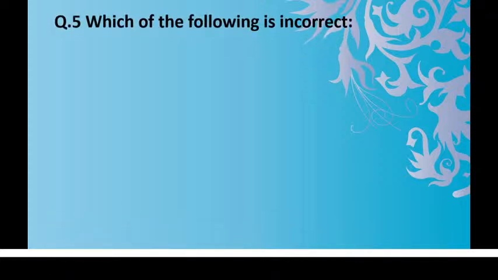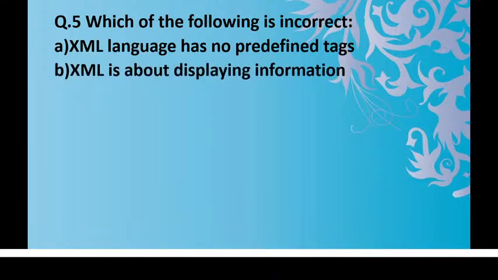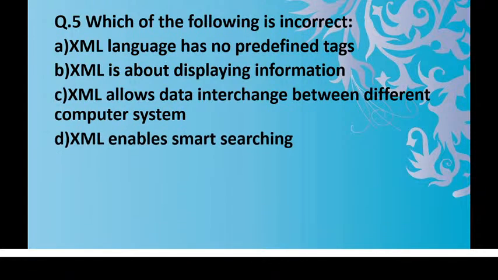Next, which of the following is incorrect? First, XML language has no predefined tags. Second, XML is about displaying information. Third, XML allows data interchange between different computer systems. And fourth, XML enables smart searching.